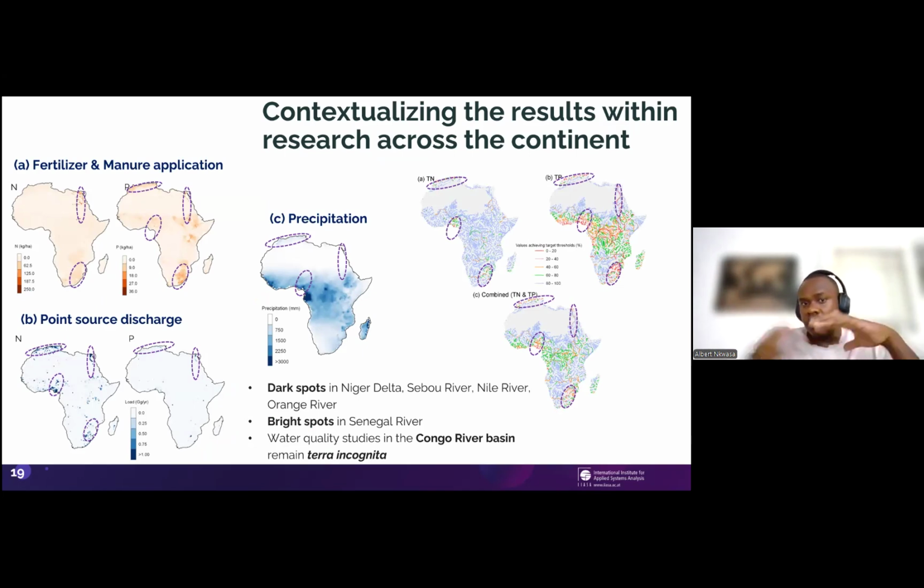So dark spots include the Niger Delta, the Nile River, the Orange River, but we had some bright spots in the Senegal River where we had a lot of compliance with the SDG indicator. But something that also stood out was the Congo River Basin. Throughout literature, finding studies that have been done in terms of water quality within the Congo River Basin was really, really scarce. So that's something that we could also highlight from just digging into literature.